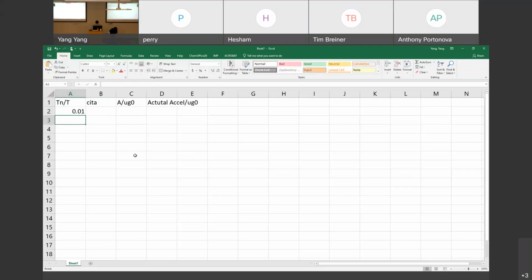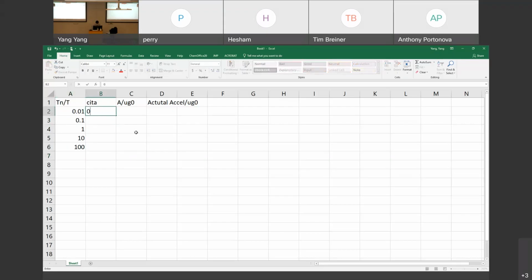And over here we use 0.1 and 1. Let's see what the difference will be here.